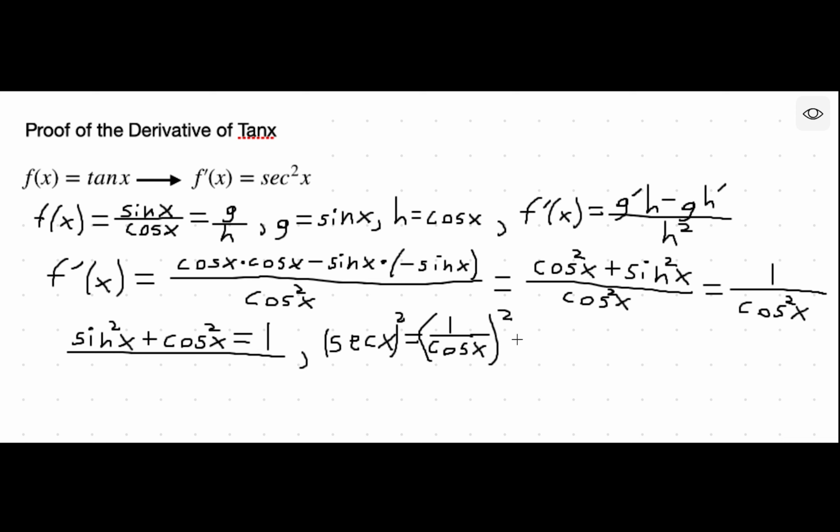So if we do this, we just have secant x squared on the left-hand side. And then for the right-hand side, we have to square both the numerator and denominator. So we have to do 1 squared, which is just 1. And then we have to square cosine x, which is just going to be cosine x squared.